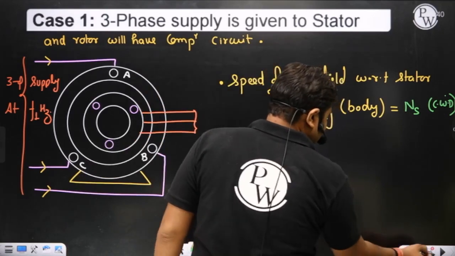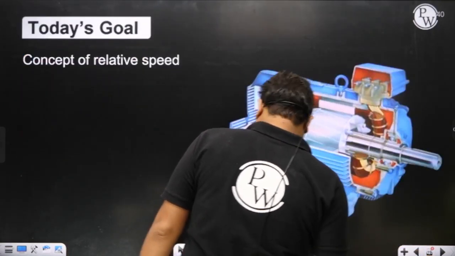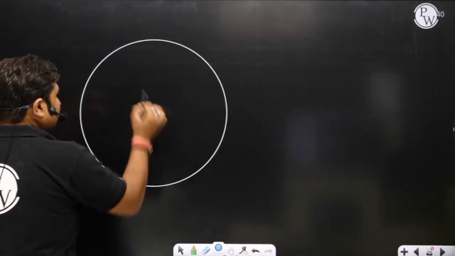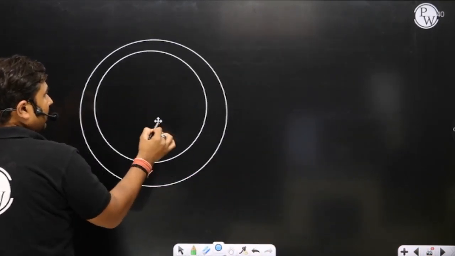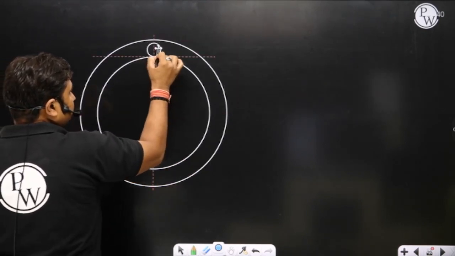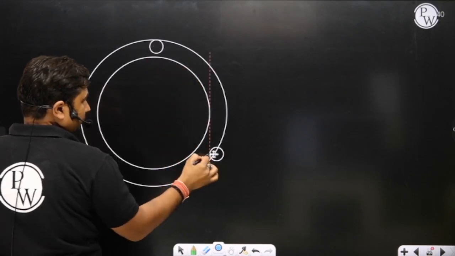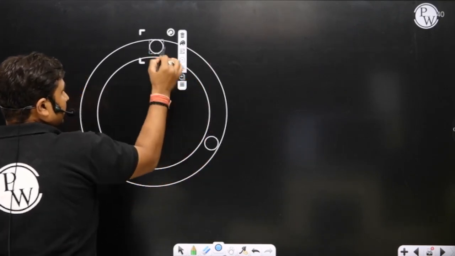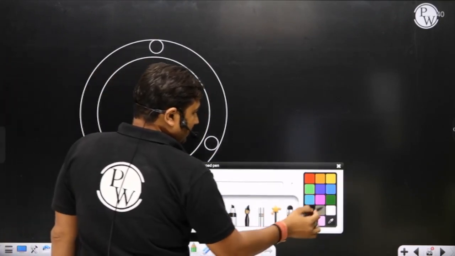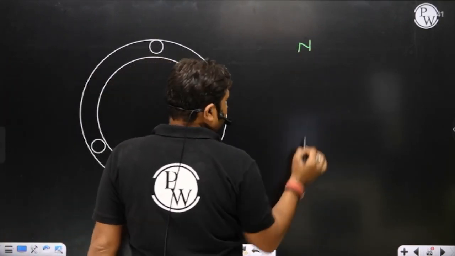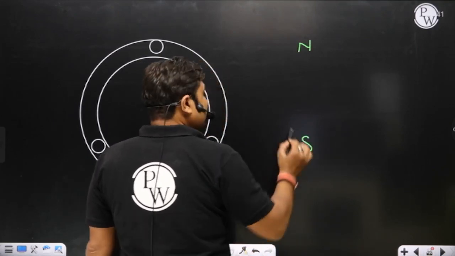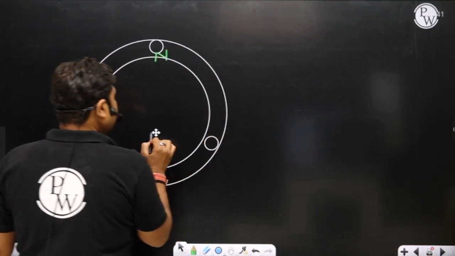Please see, please see. Let me show you. Suppose we have this as a stator. Okay, we all are aware, sir, in case of three-phase supply to stator, what happens, sir? Sir, there will be a rotating magnetic field when a three-phase stator being supplied by a three-phase current displaced in time by 120 degree.